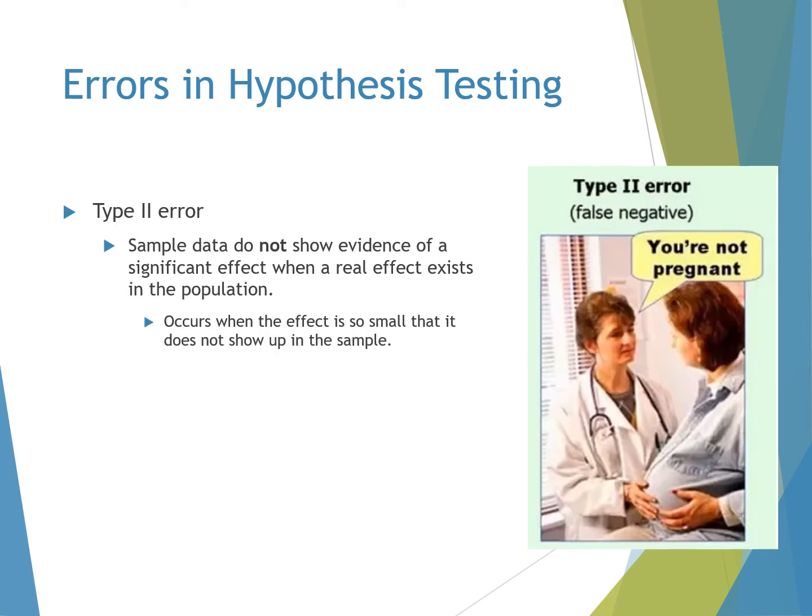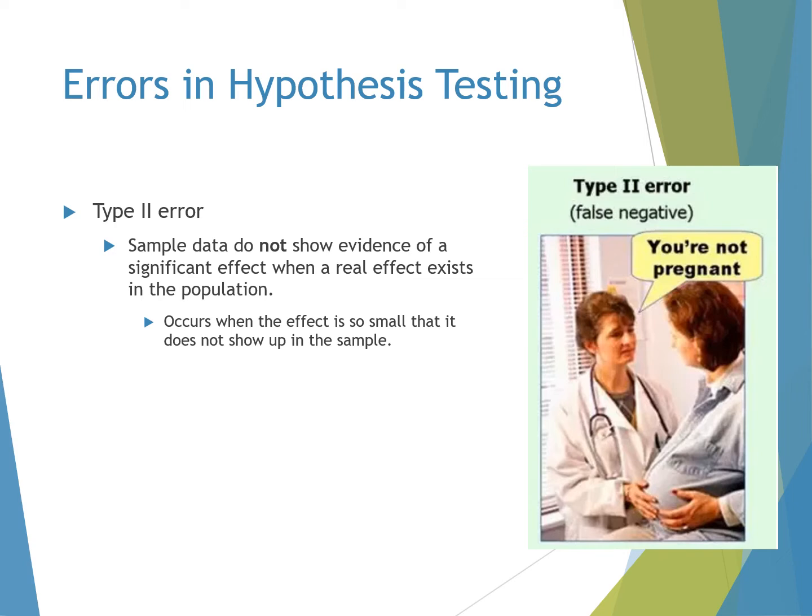We can also be wrong by concluding that there's no difference when there actually is a difference in the population. This is where the sample data do not show evidence of a significant effect, but a real effect exists. This is a real bummer. You tested for a difference, you concluded there was no difference, but actually there is one.